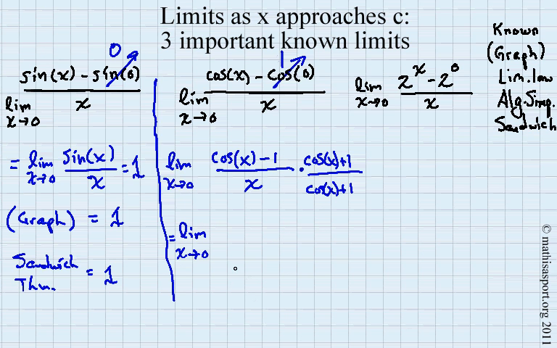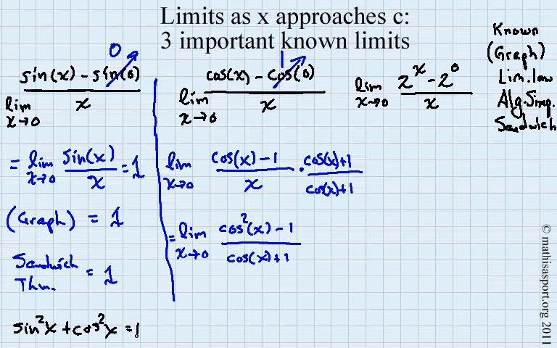But notice how we can rewrite this. So just sit back and enjoy on this one. This is just cosine squared x minus 1 over cosine x plus 1. But cosine squared x minus 1, well, hopefully you remember something from your trigonometric days, and that is that the sine squared of a number plus the cosine squared of a number equals 1.